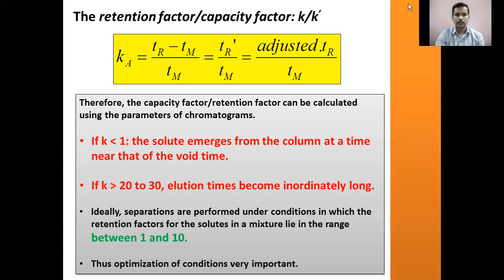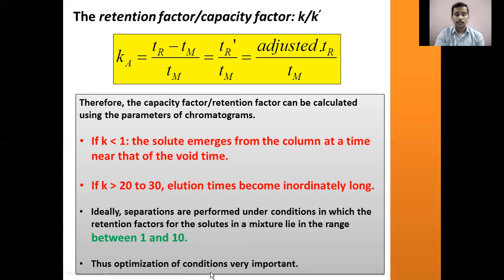So this is how in liquid chromatography the capacity factor value will be adjusted. Even in gas chromatography the same thing holds good, but we will not play with the mobile phase because the mobile phase is gaseous in nature in gas chromatography. But we can play with the packing material. We can change the column packing in order to adjust the capacity factor or retention factor value.